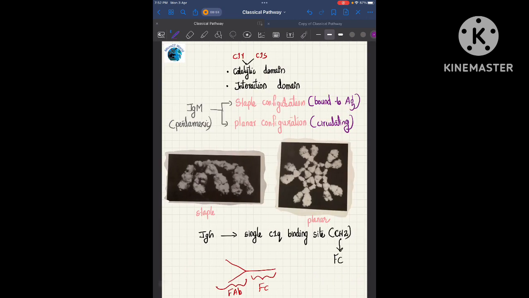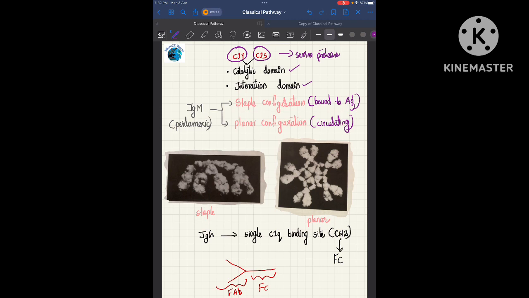So C1Q is finished. The 2 other components are C1R and C1S. They are basically serine proteases. Generally they have 2 domains, a catalytic domain and an interaction domain. With the catalytic domain, they perform the serine protease function, cleaving the complement factor and further activating the complement event.